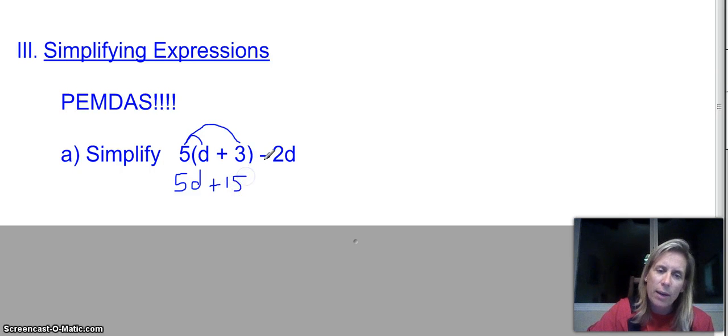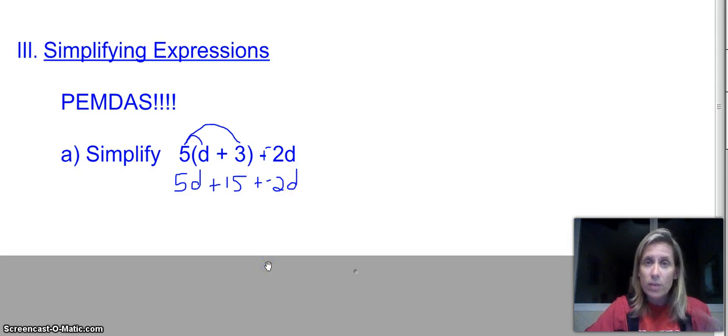And, excuse my writing with this cursor. We talked about changing subtraction to addition of the opposite. So let's do that now. Good. So we have plus a negative 2D. Okay, good. So now in order to finish simplifying, are there like terms? If there are, we can combine them.